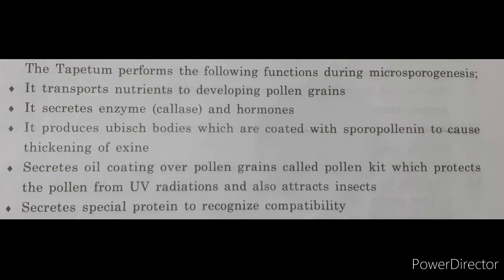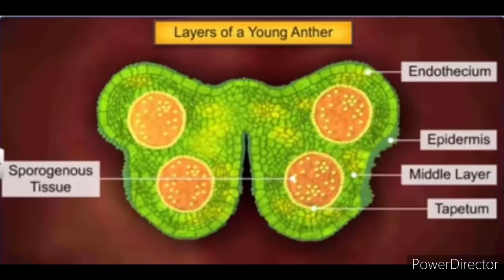So these are the four wall layers we discussed last class. The anther wall contains epidermis, endothecium, middle layer of cells, and tapetum. Inside the tapetum, the microspores are present, that is, the male gametophyte.